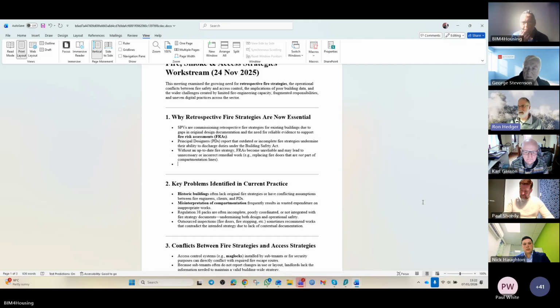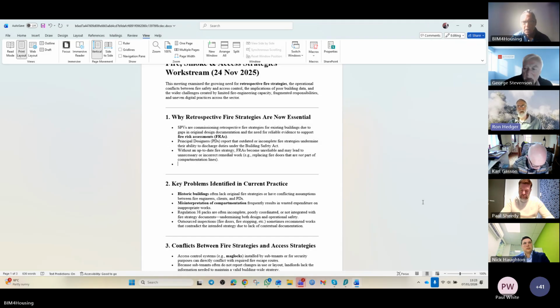My experience of buildings through 35 years of fire in buildings is that people change little tiny bits of buildings. They may change a door, they may change a store to a room, whatever. And the use of the building and the accommodation within the building gradually evolves and creeps. The fire strategy needs to be a record of what it was when it was last fully assessed for fire safety.